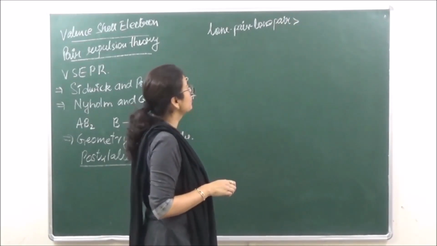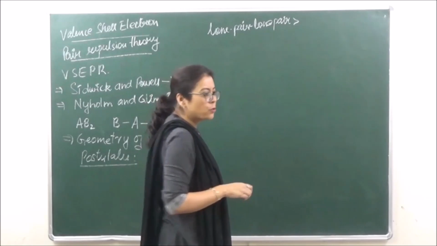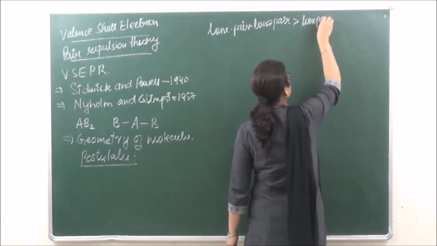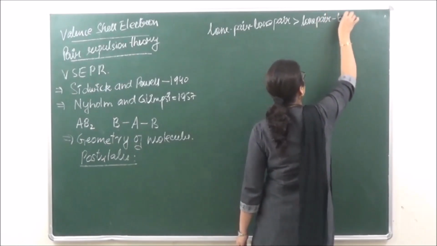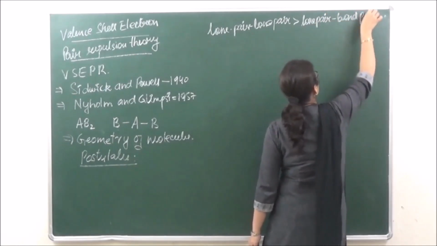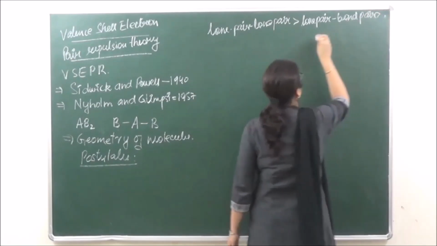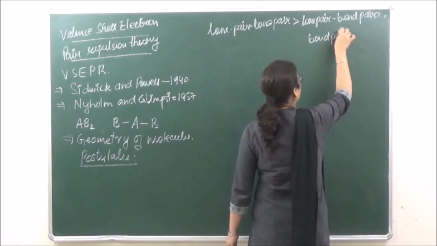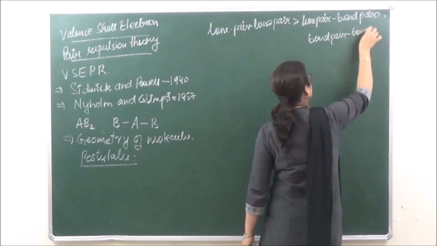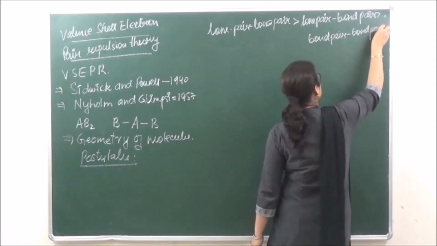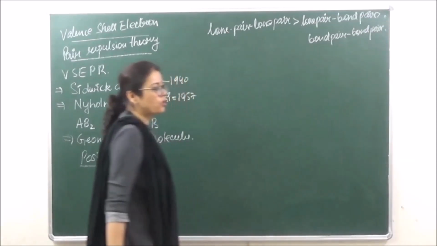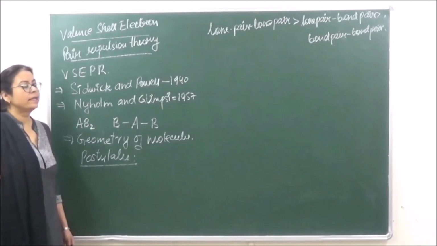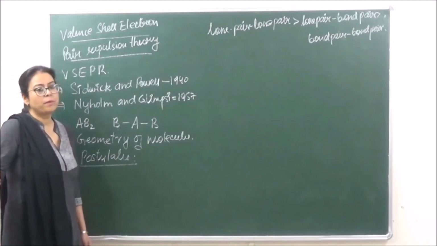Then after that, lone pair and bond pair, and then bond pair and bond pair. So this is the order of repulsion. Maximum repulsion is going to be between lone pair and lone pair, then lone pair and bond pair, and then bond pair and bond pair.